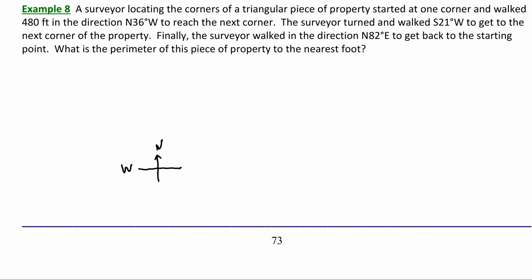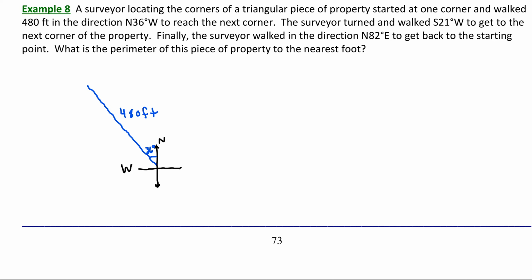Notice the angle 36 degrees is a positive angle, but I'm rotating in the counterclockwise direction from due north. So the angle being described here is this 36-degree angle, and that distance is 480 feet.